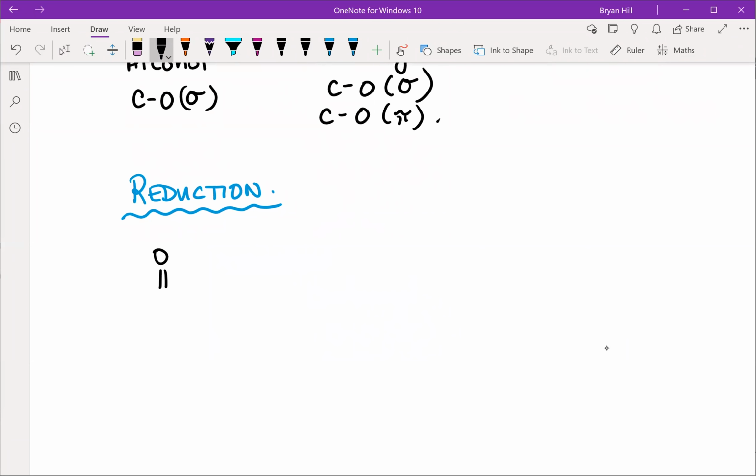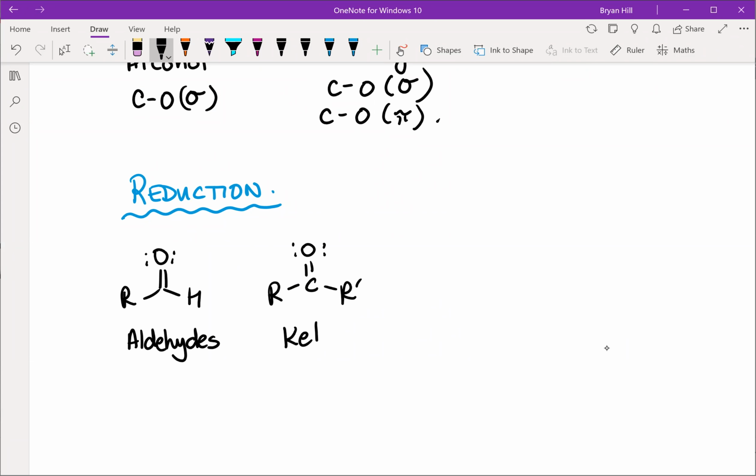We'll talk about aldehydes, ketones. These two are, there's going to be a sort of an invisible barrier here, which I'm going to put up here.